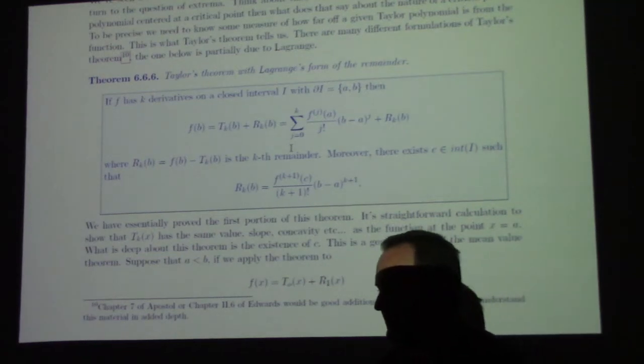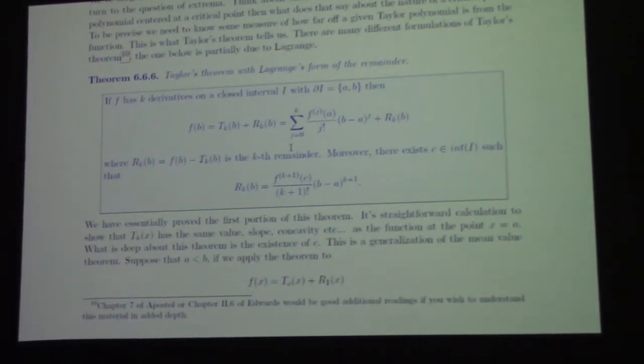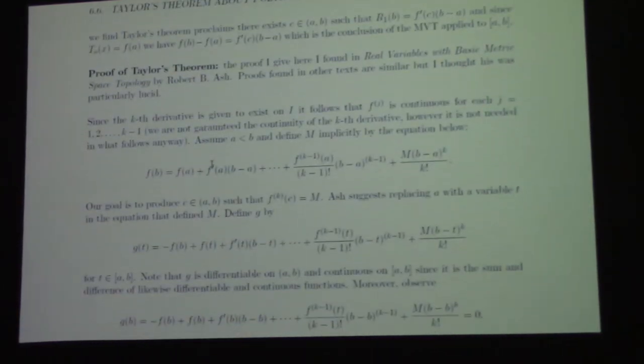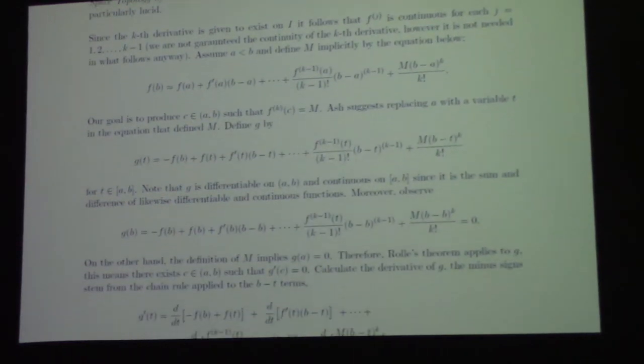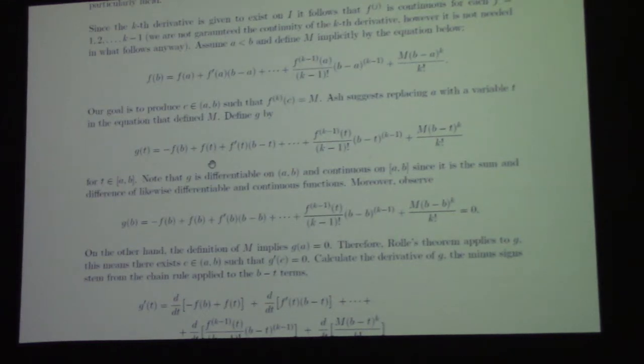And the proof that is given here, and I won't go through all the details, is essentially based on an argument very much like the mean value theorem. What is done is you define this number m implicitly as the number that solves this equation, where we have f of b and the function and its derivatives, all the way out to the k minus 1th derivative, evaluated at a.